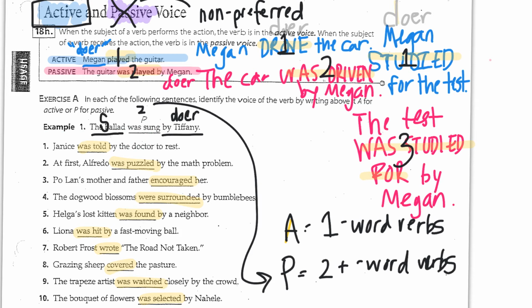And so you can see that similar pattern in number 1. Janice was told by the doctor to rest. I have this 2-word verb in was told. And if I ask myself who's doing the telling, it's not Janice who's doing the telling.